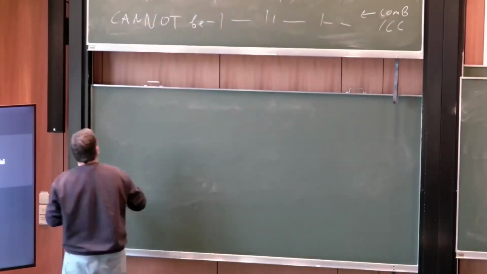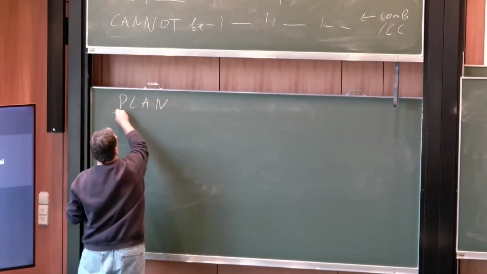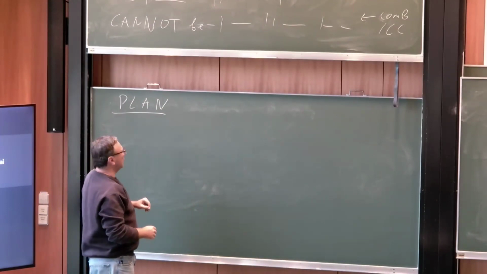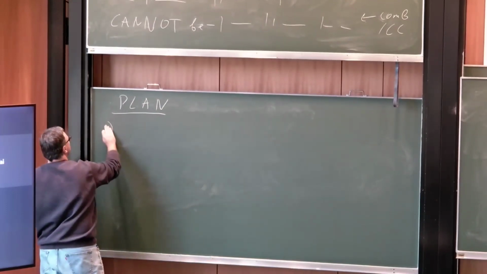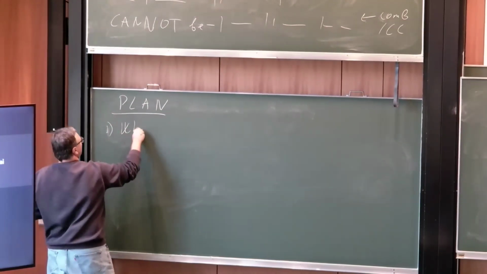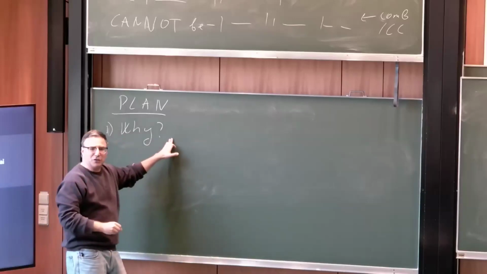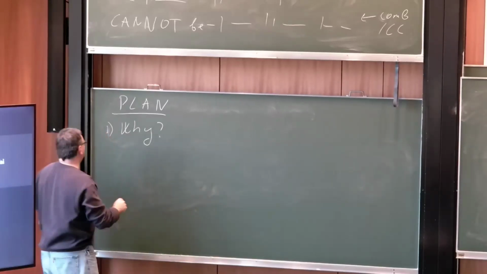I'm obviously going to give you more details later, but let me make a plan for the talk. It will take me a little bit of time to explain what I'm doing. I'll start with why. Thankfully, Ramon already covered a lot of this, so I'll just mention a little bit. Why is that important?